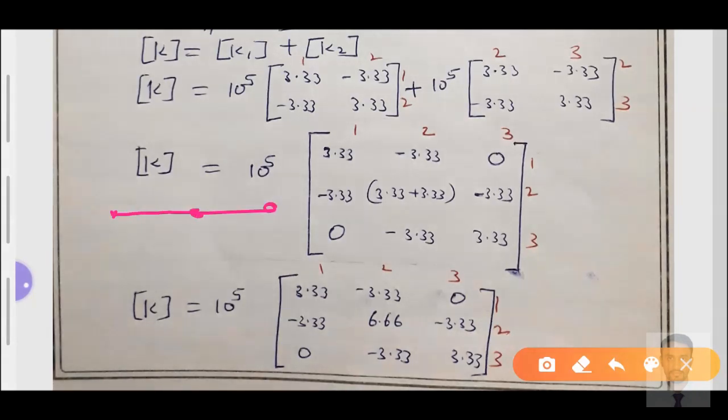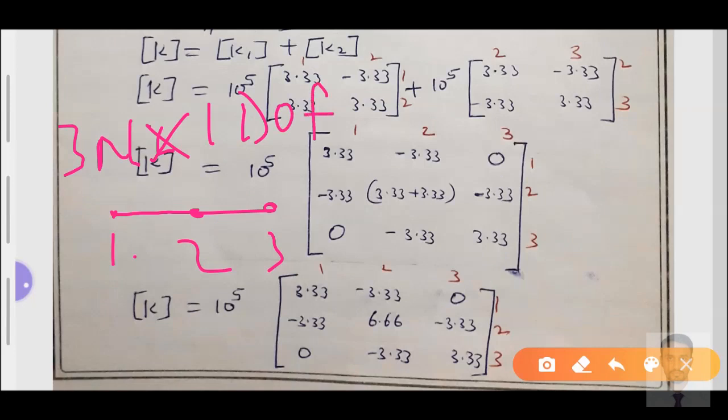How many nodes are present? After converting to the FE model, there are 3 nodes, 1, 2 and 3, with 1 degree of freedom at each node. We have Q1 at node 1, Q2 at node 2, Q3 at node 3.